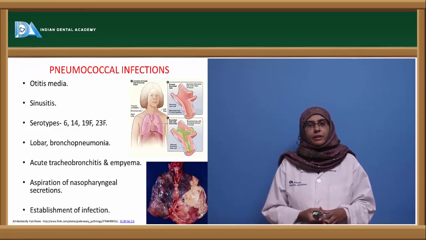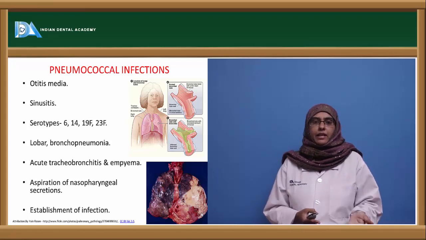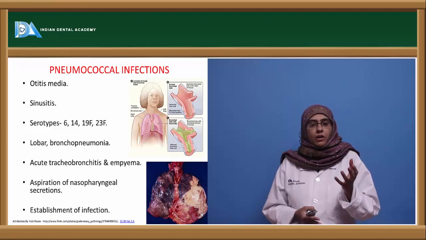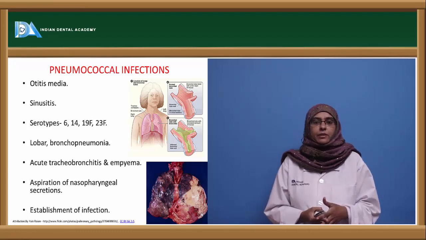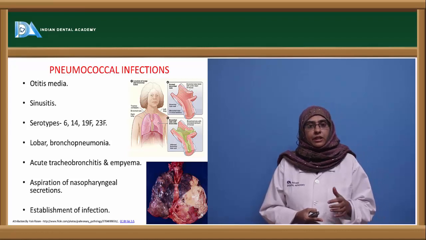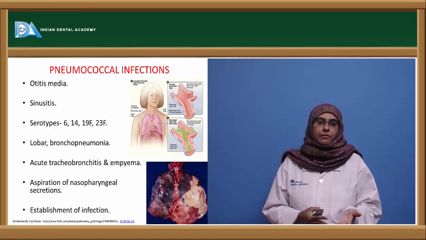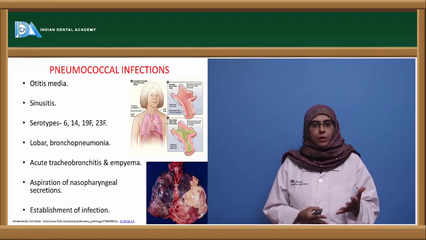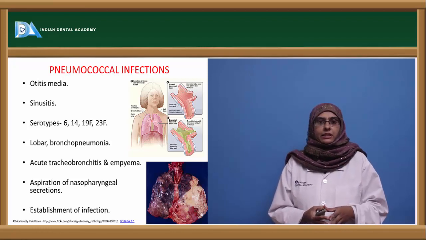In case of lobar pneumonia, this organism can be easily aspirated from the nasopharyngeal secretion during sleep or during the daytime. Now, in order to establish infection, it has to overcome the natural innate immunity. The natural innate immunity that usually expels these organisms is the cilia and the cough reflex. So, if these two properties work properly, the organism can be eliminated without causing disease inside the host.